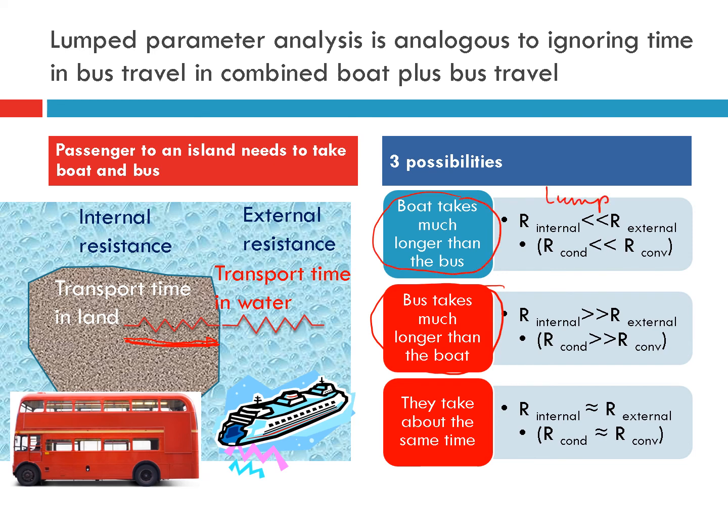That was our lumped parameter. Now, it doesn't have to be these two extremes. They could take about the same time, which means the internal resistance and the external resistance are comparable. That's the case that we're going to do next.